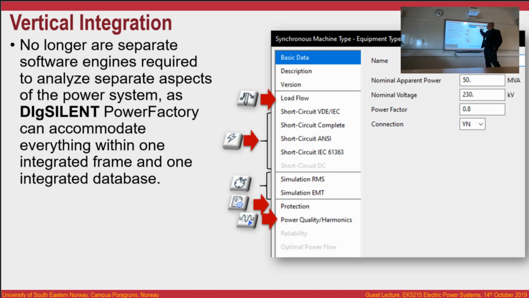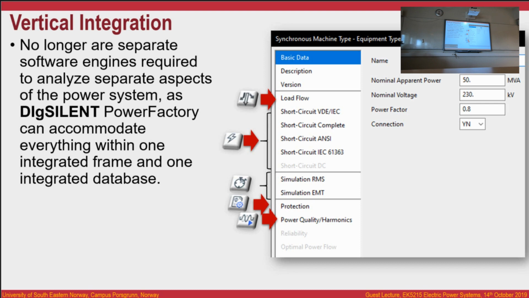But then, if you need to run a power flow calculation, you need to go to this section and complete the data related to the load flow calculation. Are you with me?